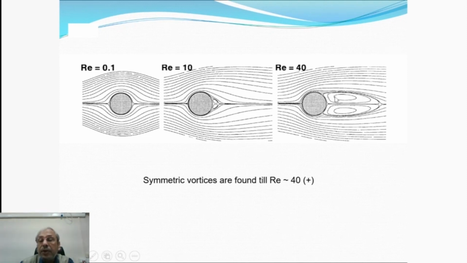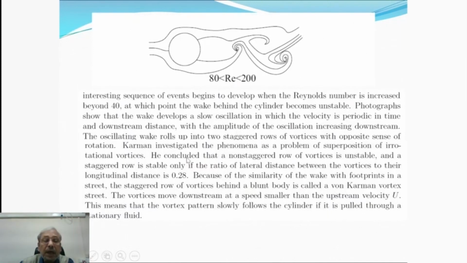So here the sense of rotation, one can say, is clockwise. But similarly, this vortex will have counterclockwise rotation. So the senses of rotation are different. When they are shed into the stream, this will keep on continuing. So basically the wake rolls up into two staggered rows of vortices with opposite sense of rotation.